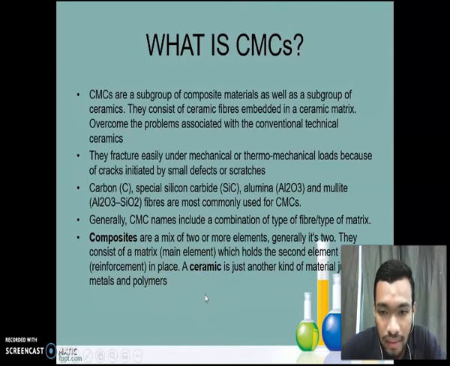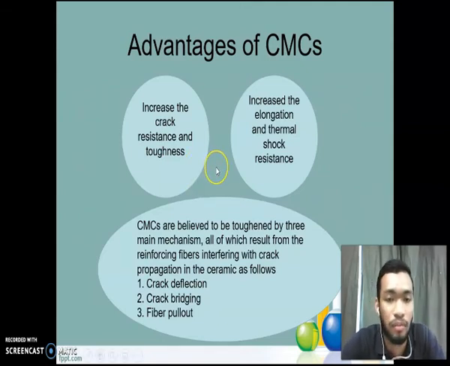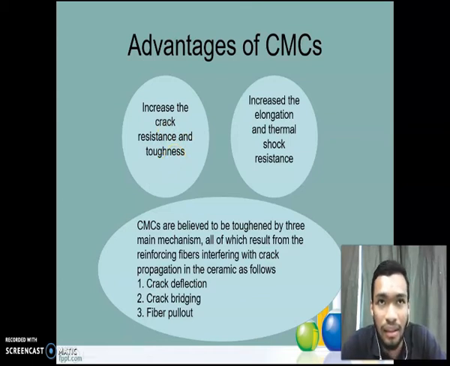So for the next, the advantages of CMC. The first thing is that CMC overcomes the problems of ceramic. It can increase crack resistance and toughness, so CMC is tougher and hard to crack.